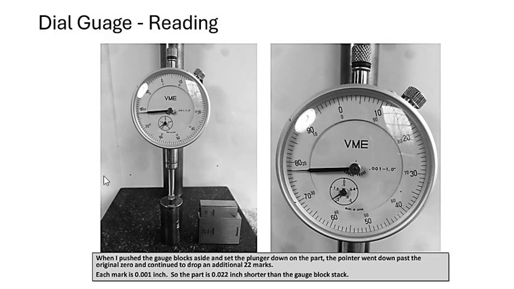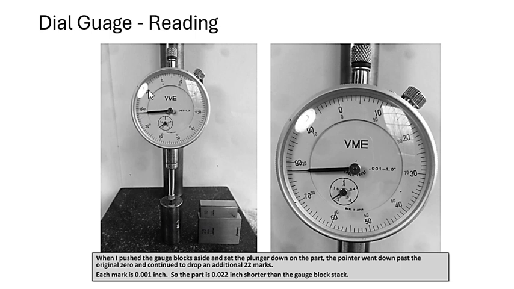So we're going to continue after the little videos. We're going to bring it back here. After we replace this gauge with this dowel, and we have already counted how many turns it went as we brought that down, after removing the gauge and putting this dowel in, we still see the pointer went down past the original 0. It went down all the way to 22 marks.